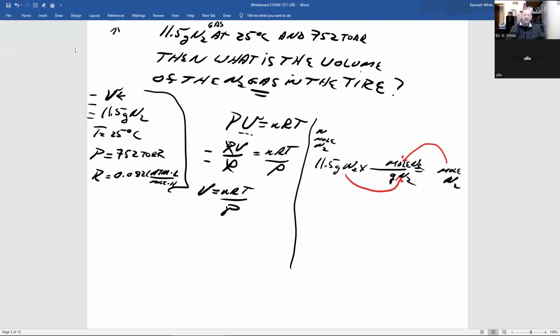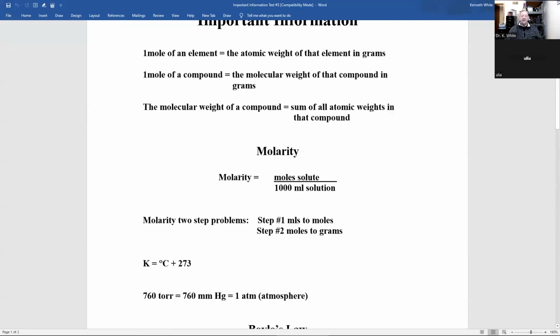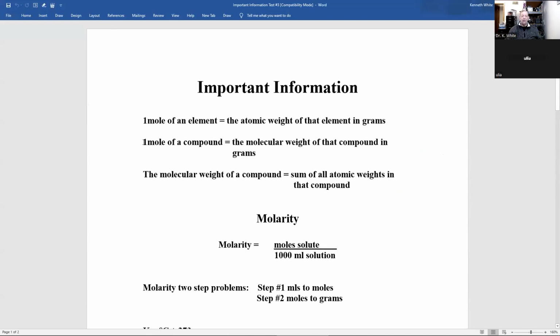And where do I get a relationship between moles of a compound and grams of a compound? Well, in case you forgot, and I hope you learn for tomorrow, but in test number 3, 1 mole of a compound equals the molecular weight of that compound, and the molecular weight is the sum of all atomic weights.